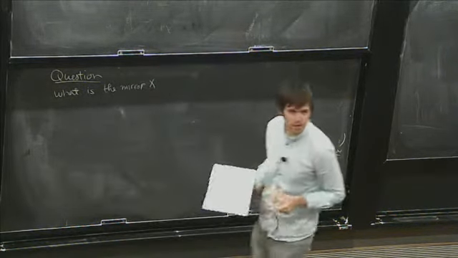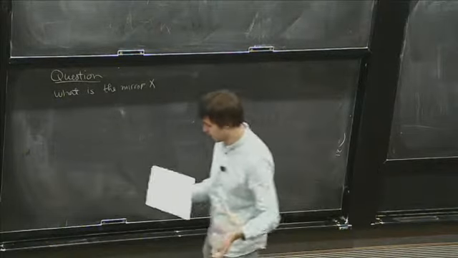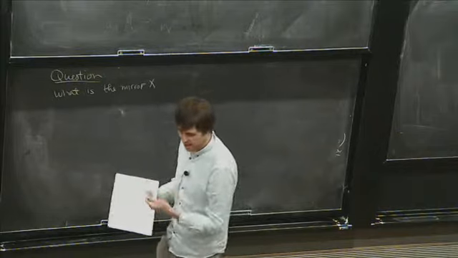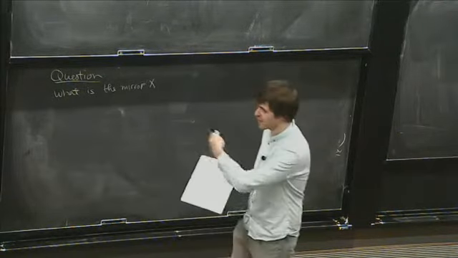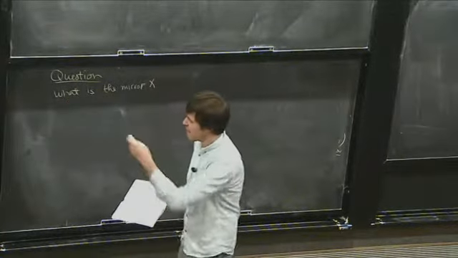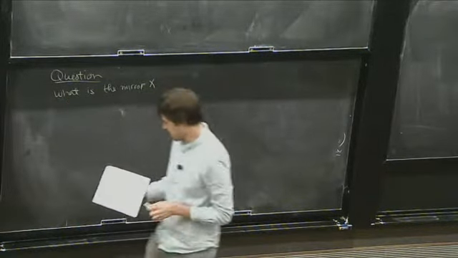And so the way to construct the mirror, we're going to consider another space. Actually, the mirror construction, the way I'm going to describe it, is kind of a cheat. I'm going to start with the mirror and use SYZ to recover this space Y, but you could also go the other way as well.